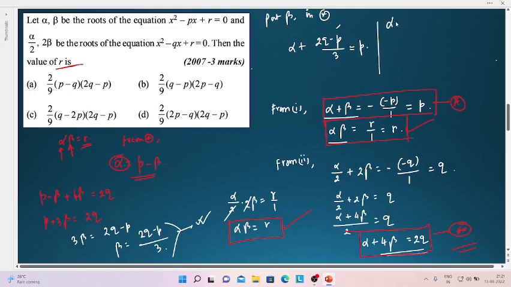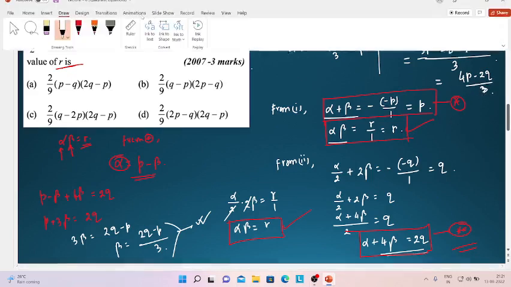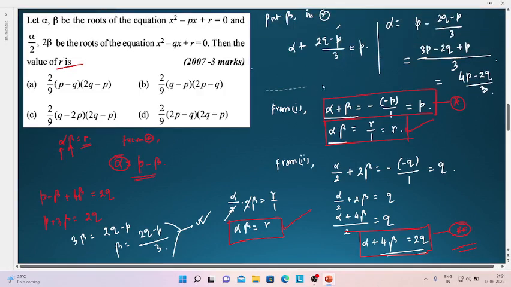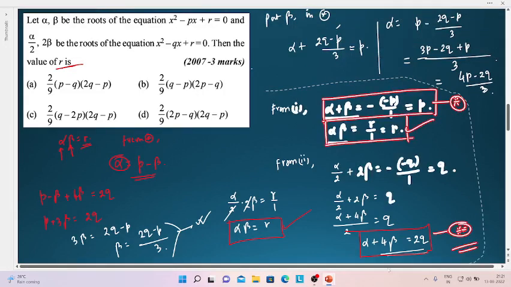So what will be the value of alpha? It will be p minus 2q minus p upon 3. If you take the LCM, it will be 3, and it will be 3p minus 2q plus p. So it is nothing but 4p minus 2q upon 3. Let me clear that particular part.